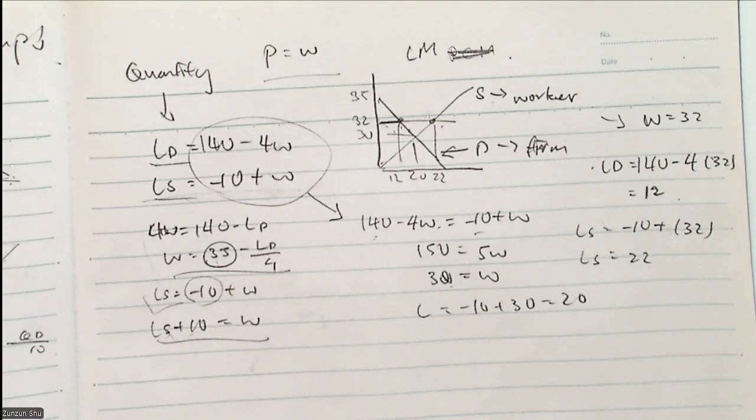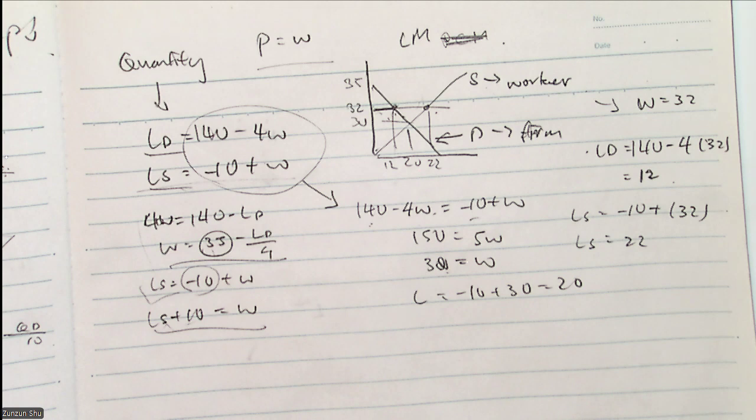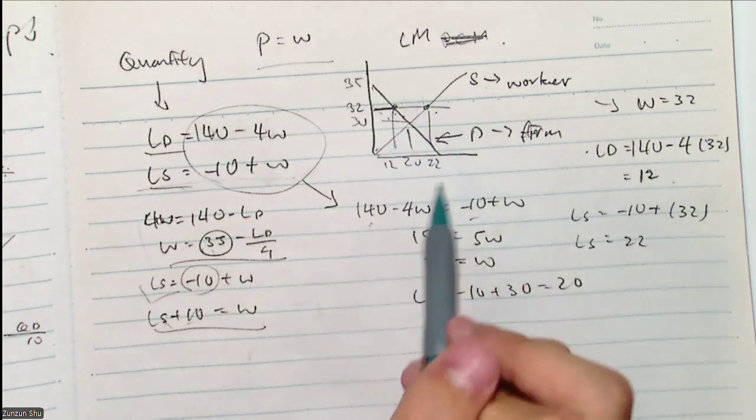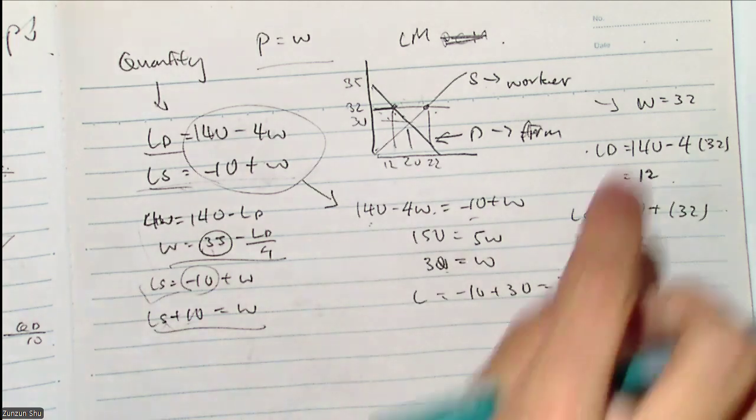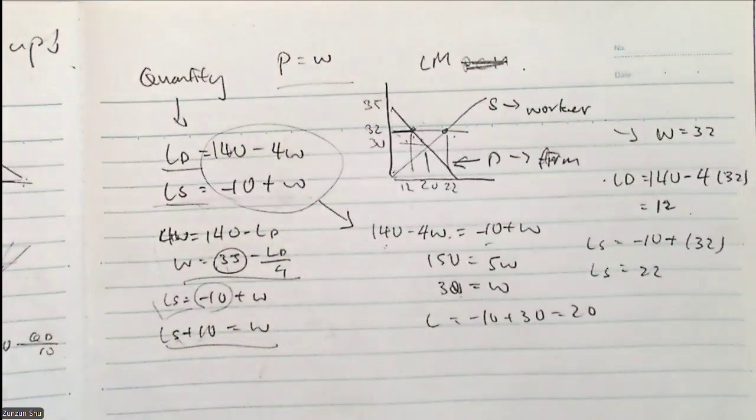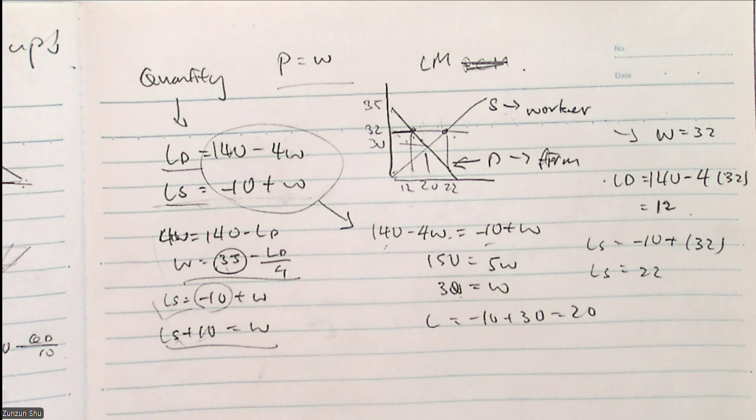But using this graph, I want to say a little bit about how to not mess up the reasoning. Just maybe like 3 minutes ago, I almost messed it up. So how to not mess it up? Think about it like this. If I raise the minimum wage, will more workers want to work now or less?